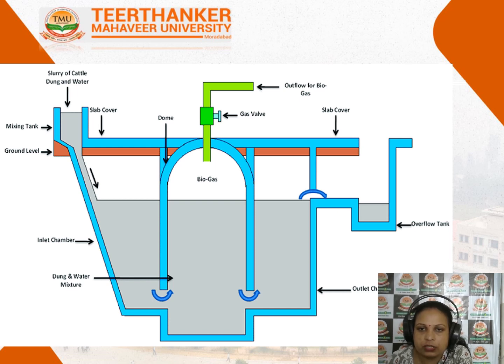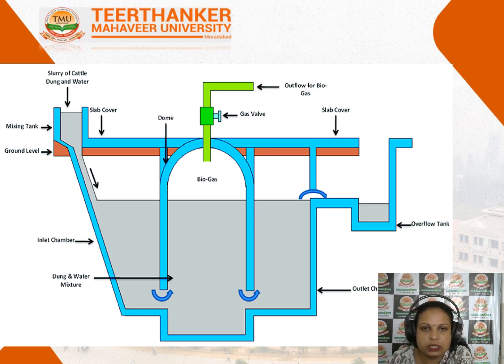Here you can see that there is a gas valve fitted, and through this pipe the gas that is produced in the digester is taken out. Now how is the biogas produced? In the mixing tank, we mix cow dung or animal dung with an equal amount of water.